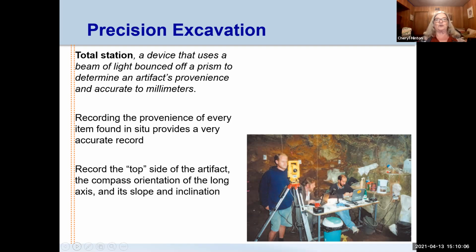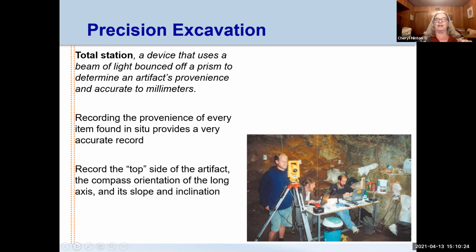This is called a total station. This is a device that uses light to bounce off a prism in it that determines the artifact's provenience, and it's accurate to millimeters, so it's really, really precise.